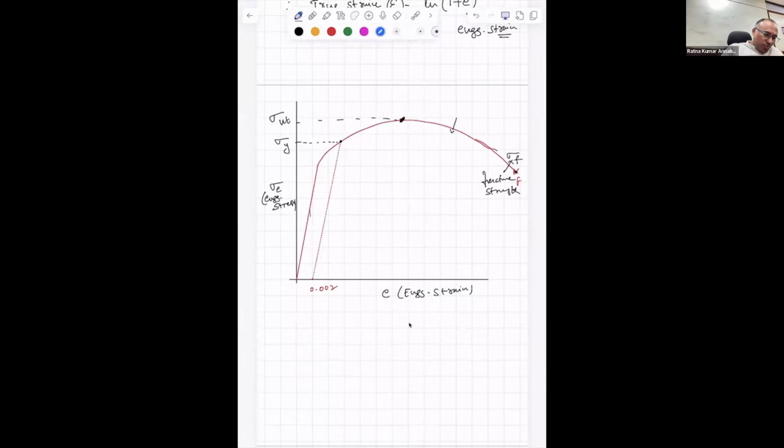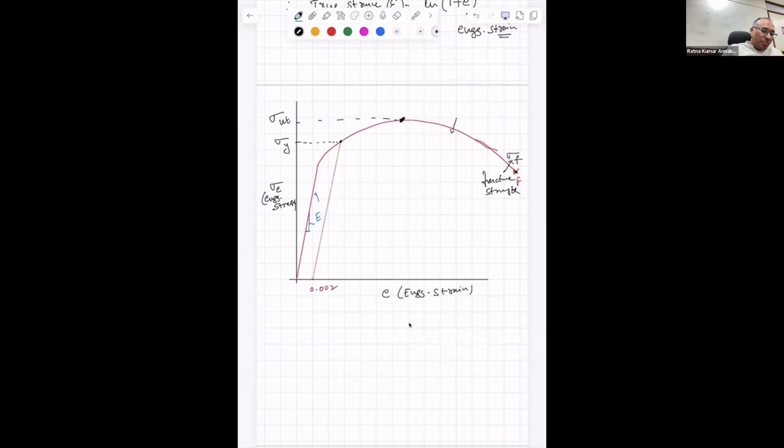The slope of this line is my elastic modulus. Strictly speaking, when you are measuring elastic modulus, you should not measure it on this line. I will tell you what I mean by that.